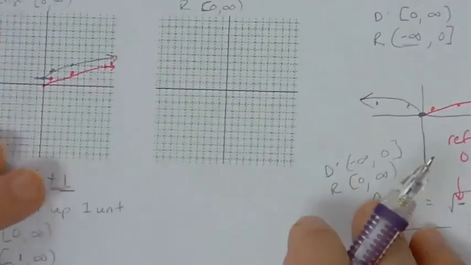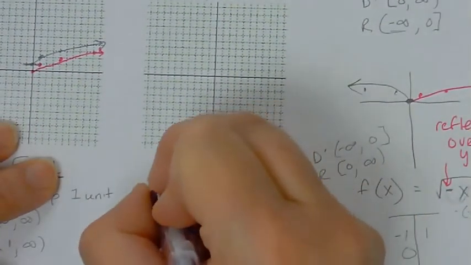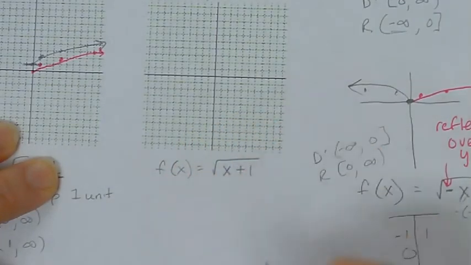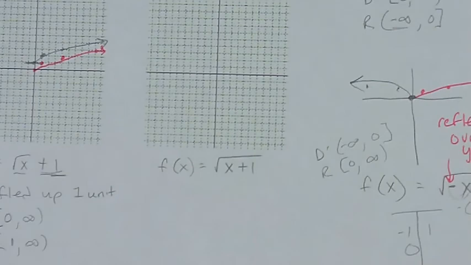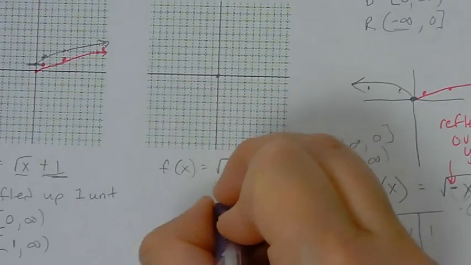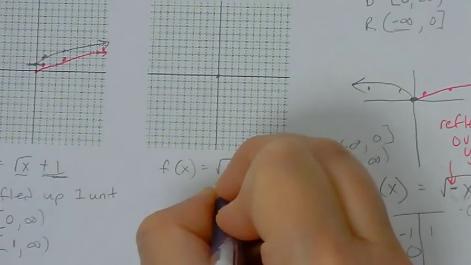Okay, this time let's put the plus 1 inside the parenthesis, or inside the square root. What does it mean when you put the plus 1 inside the parenthesis? Well, that's a left-right shift. Because now this time, in order to get the 0 value right here, I would have to put a negative 1 in for x.